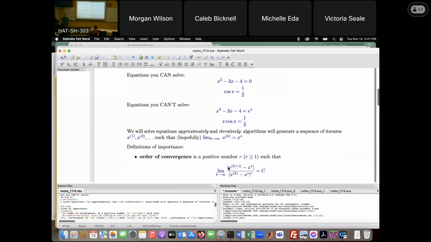So if there's a well-defined ratio of new error to old error raised to a power r, so these ratios converge to some constant c as k goes to infinity, then that power r is called the order of convergence, and it must be greater than or equal to 1.